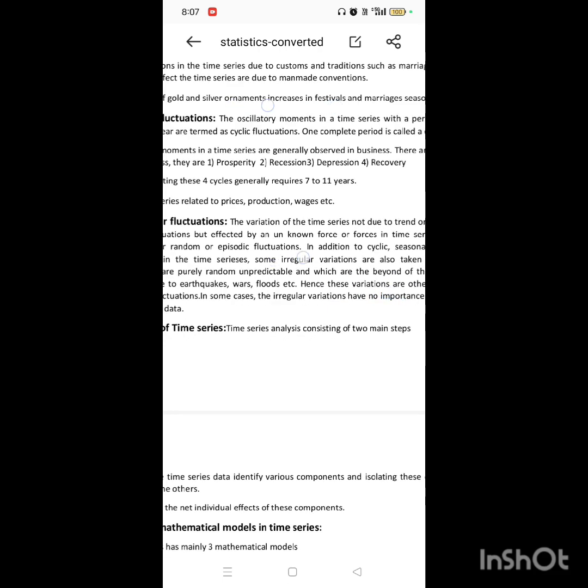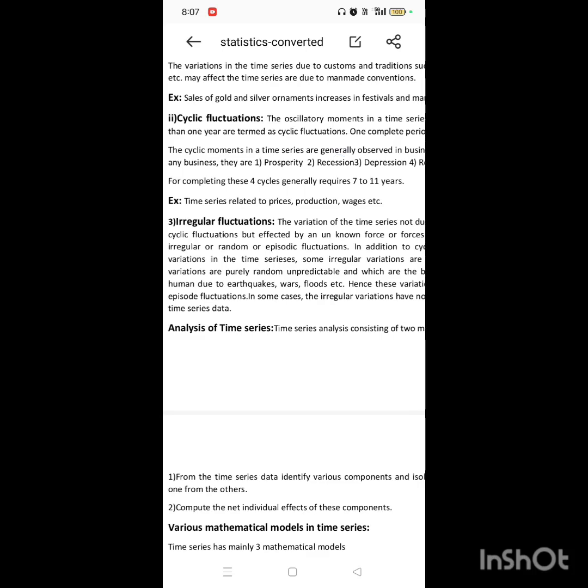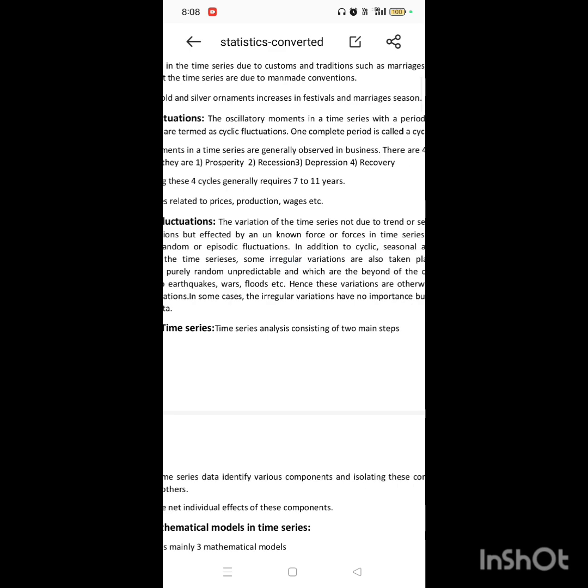This is one of the cyclic fluctuations, which we can easily understand by taking an example of business. These cyclic fluctuations can be easily understood by seeing these prosperity, recession, depression, and recovery values.